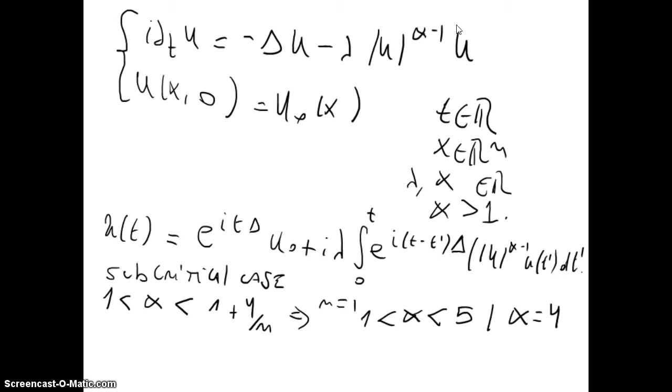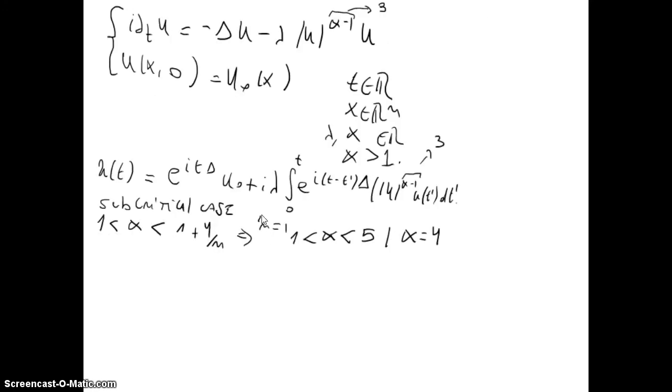In this case, here we will have absolute value of u to the 3. We will have the same here in the integral. Okay, so in this case we have one dimension. Let's say that the exponent is equal to 3 because alpha is 4.